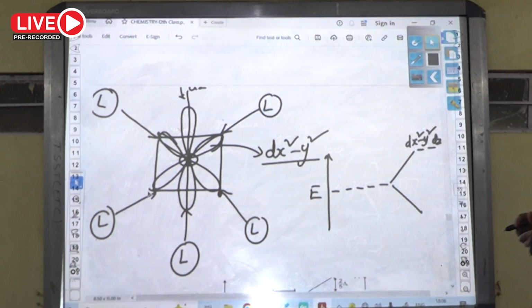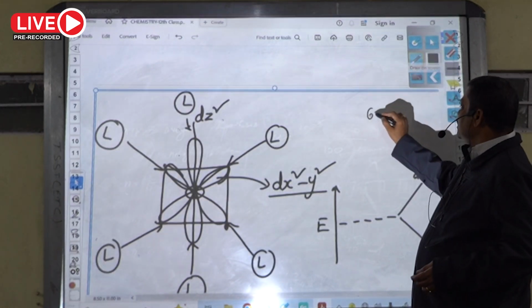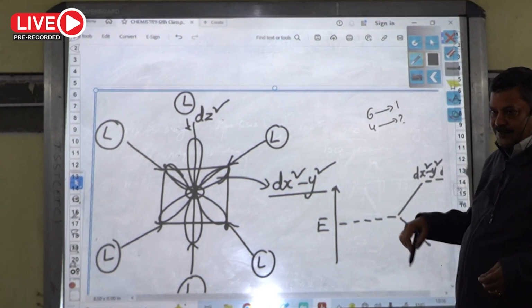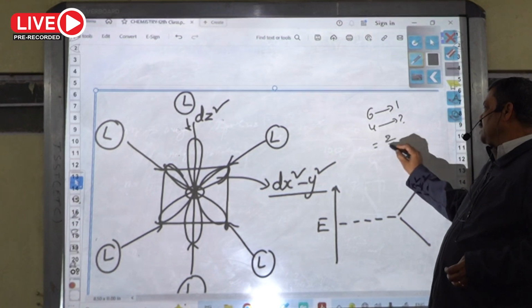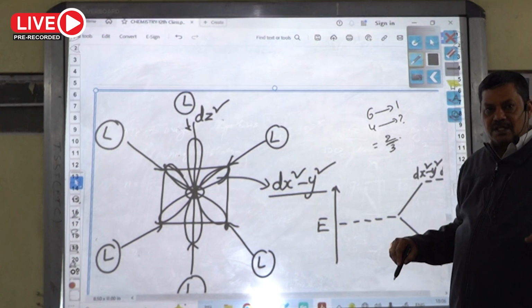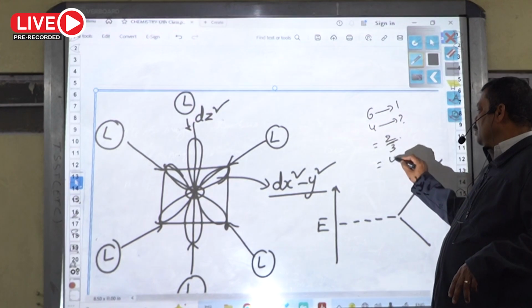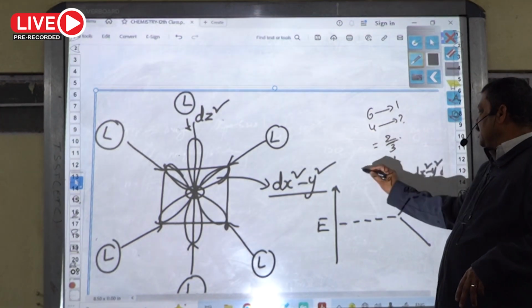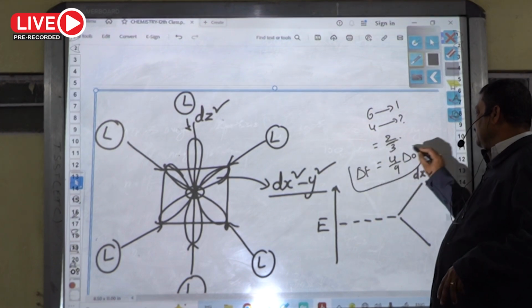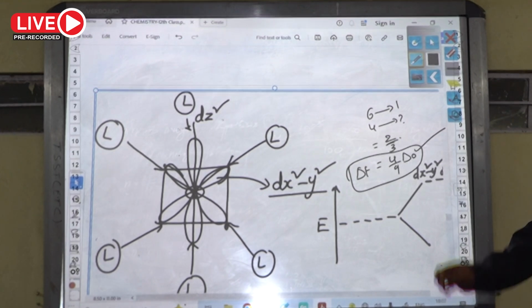So when 6 directions cause 1 unit of splitting, 4 directions cause how many units? Again, in terms of directions, it is 2/3. In terms of number, it is 2/3. In terms of directions, it is 2/3. Total, it is 4 by 9. Delta T is equal to 4 by 9 of delta naught. This is most important for the examination. Students must know that.